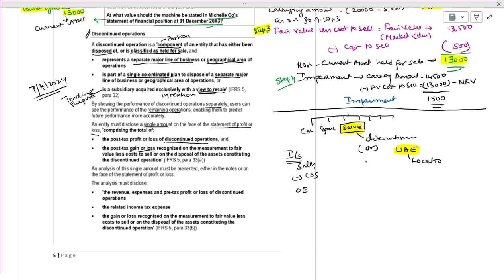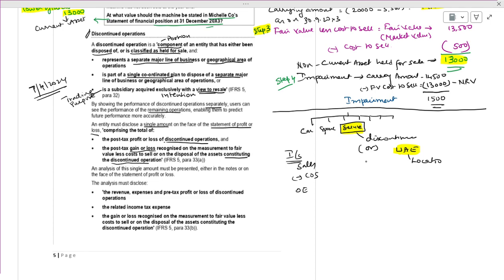Any gain with respect to fair value or revaluation, you have to show separately as constituting the discontinued operation. Simple thing: non-current assets held for sale are in current assets. Discontinued operations are separate in the profit and loss account.